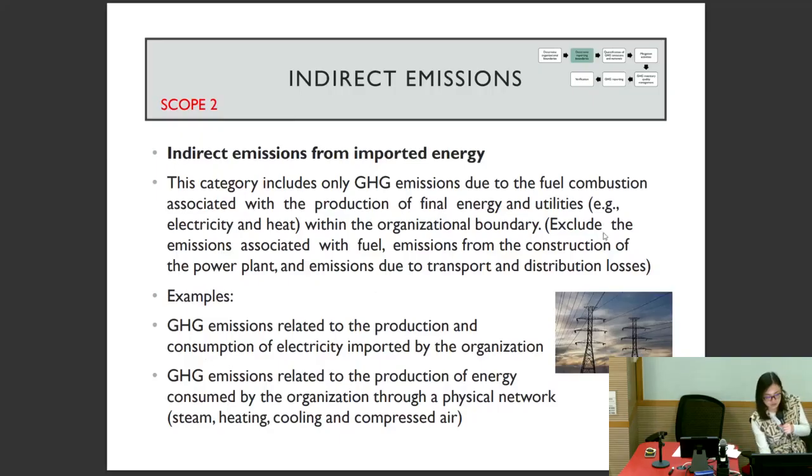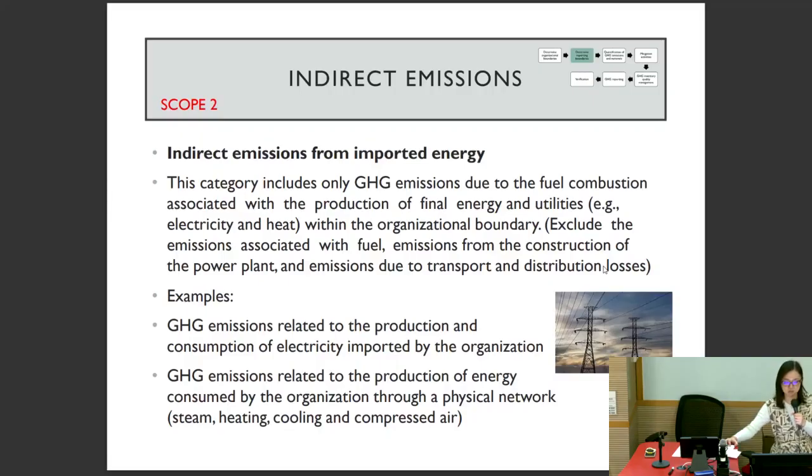And it excludes the emissions associated with fuel, emissions from the construction of the power plant, and emissions due to transport and distribution losses. So when the electricity is being transmitted far away from the power plant, there would be some transmission loss.